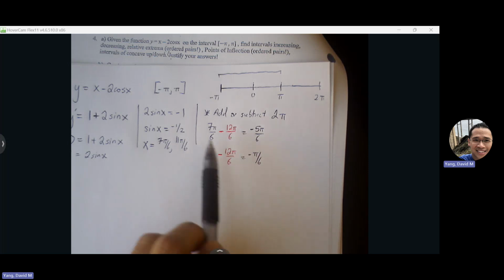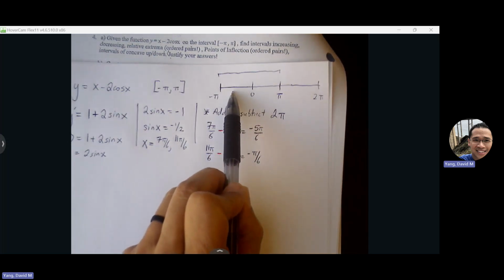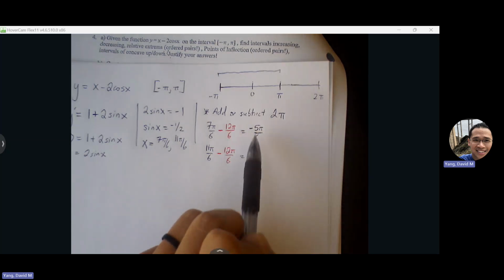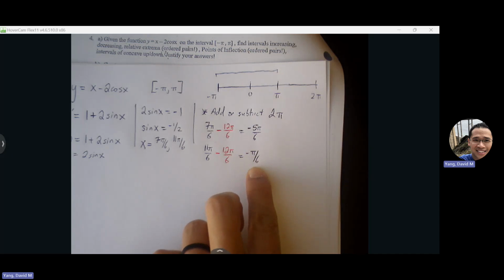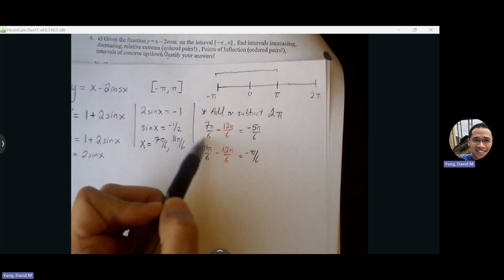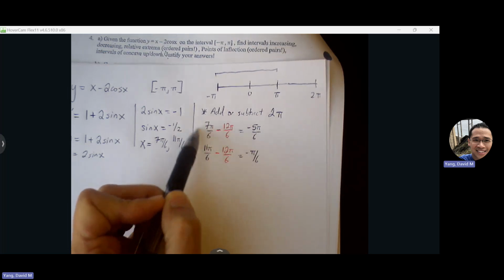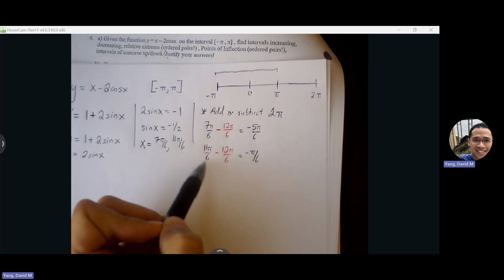Now, negative 5 pi/6 is the same thing as 7 pi/6, just a coterminal angle on the negative side. These are better suited because they fit inside the interval from negative pi to pi. But whenever we see negative 5 pi/6, we can just treat it like 7 pi/6, third quadrant, and then negative pi/6 is the same thing as 11 pi/6, fourth quadrant.